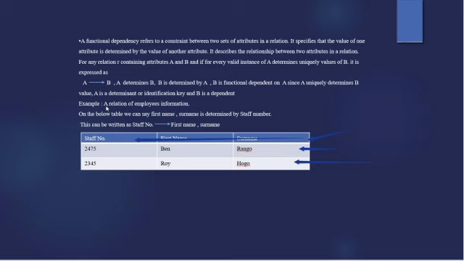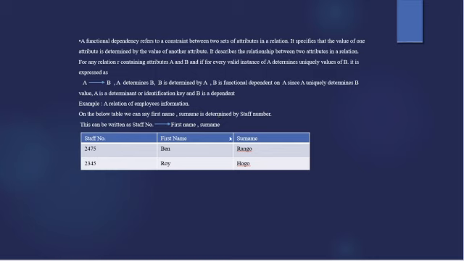So for example, take a relation of employees' information. On the table below, we can say first name and surname are determined by staff number. This can be written as staff number, forward arrow, first name, surname. This means that the staff number determines the first name as well as the surname.